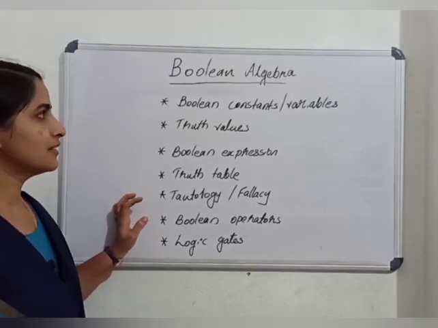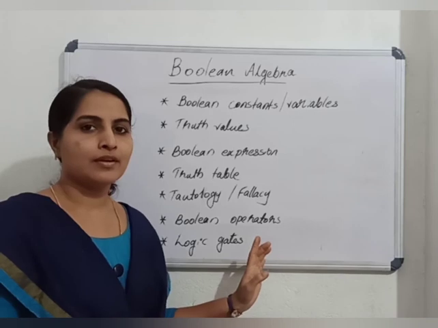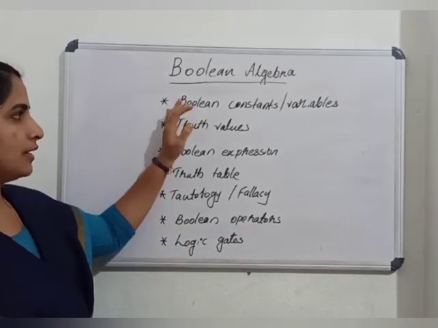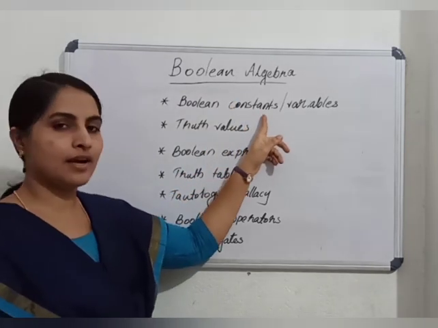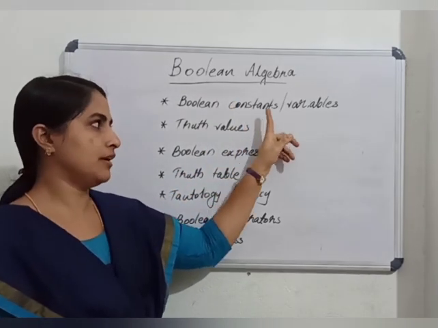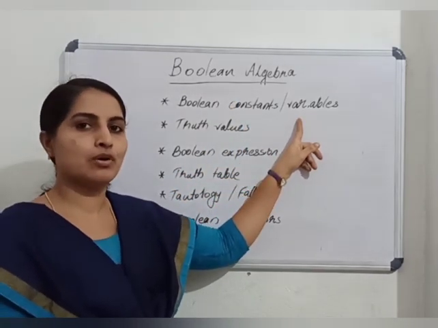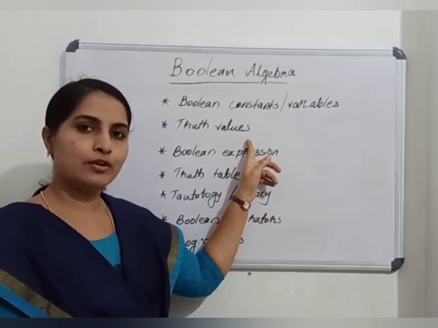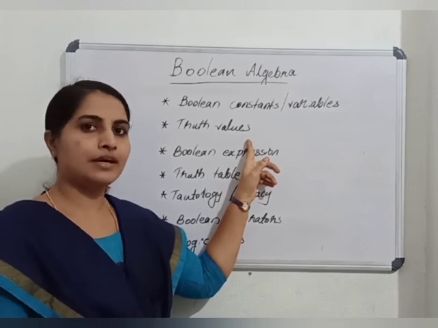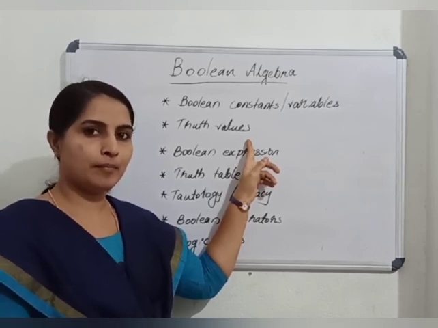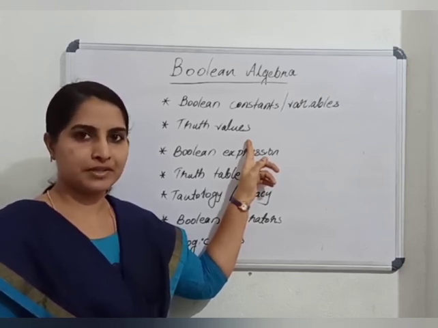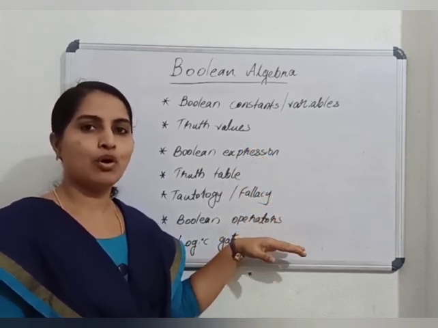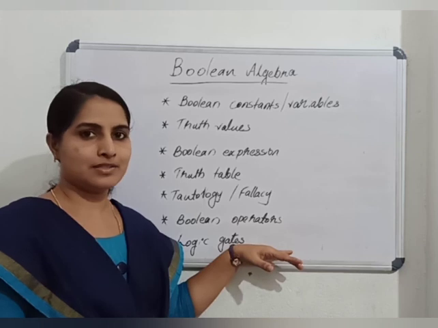Today we have learned Boolean algebra, which was developed by George Boole in 1854, and the Boolean constants. Boolean constants are 0 and 1, and Boolean variables are variables which hold the Boolean constants or truth values. Truth values are the return value of a Boolean decision or a binary decision. A binary decision means a decision which may have true or false as the result.